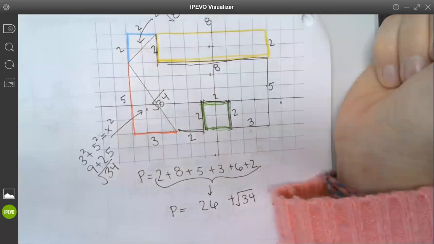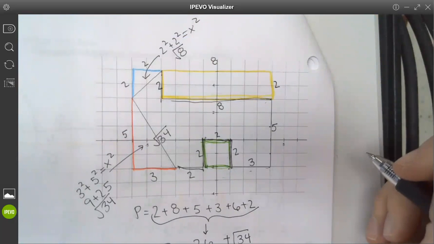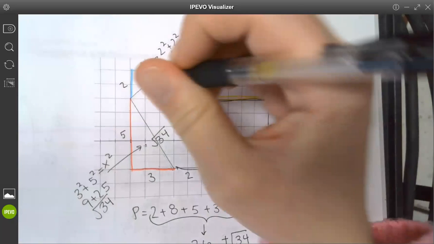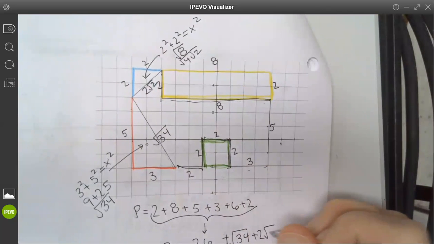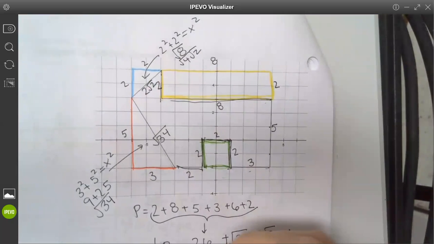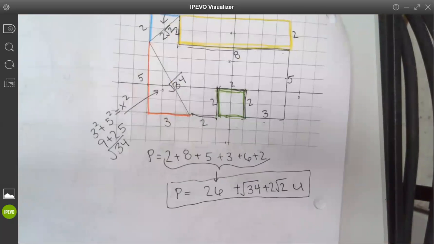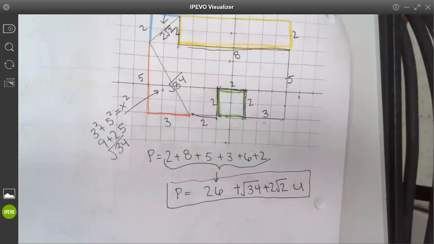Can I simplify the square root of 8? What can go into it? 4. It's 4 times 2, or this becomes 2 rad 2, that length there. Whew. Okay, so there's my perimeter. Adding all of my flat sides up, and then slant length, slant length.